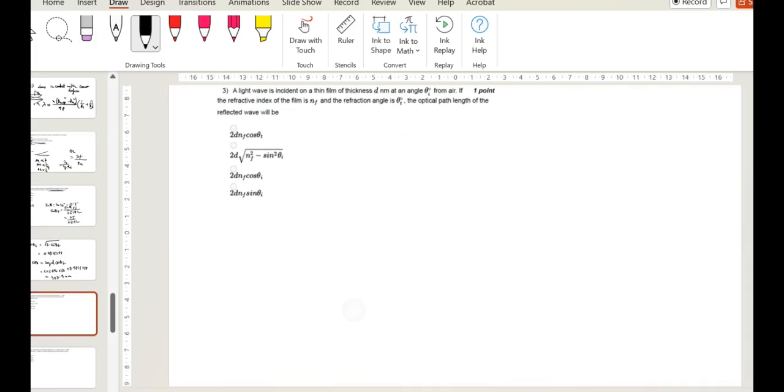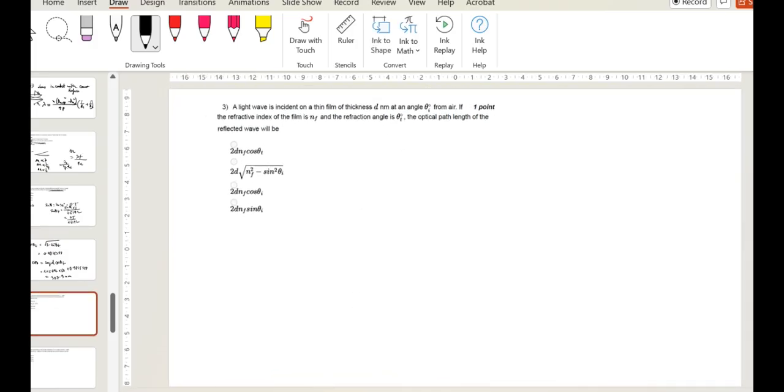Next question: a light wave is incident on a thin film of thickness d nanometer at an angle theta i degree from air.